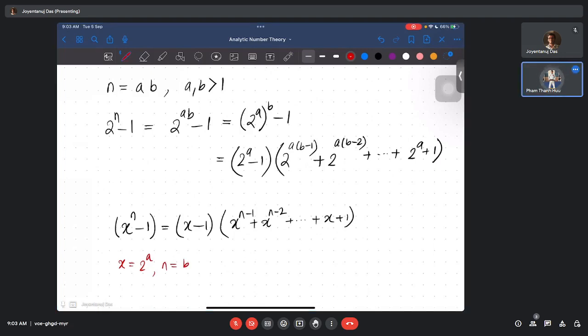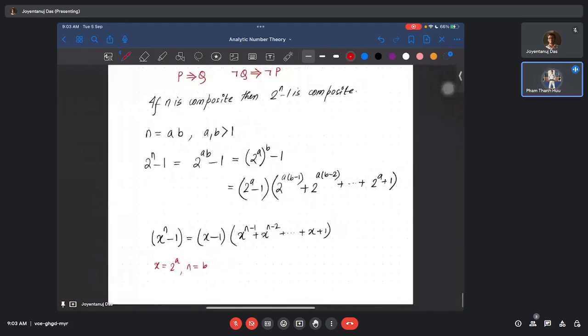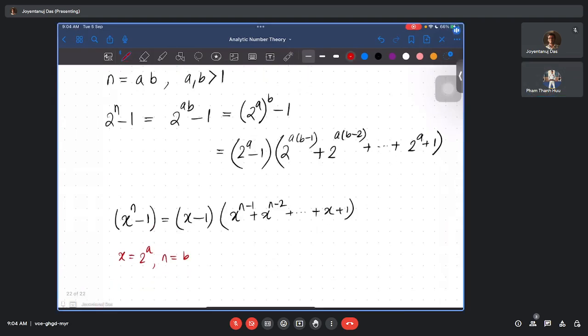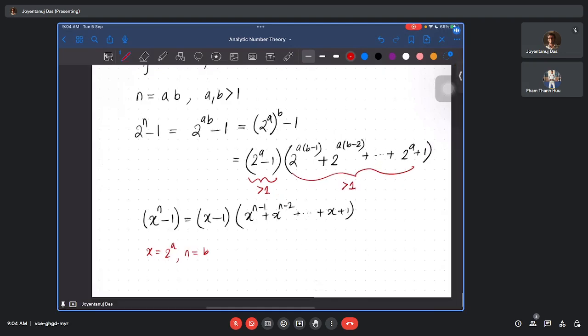Here you can check that this part is strictly greater than 1 and this part is also strictly greater than 1, since a and b are strictly greater than 1.